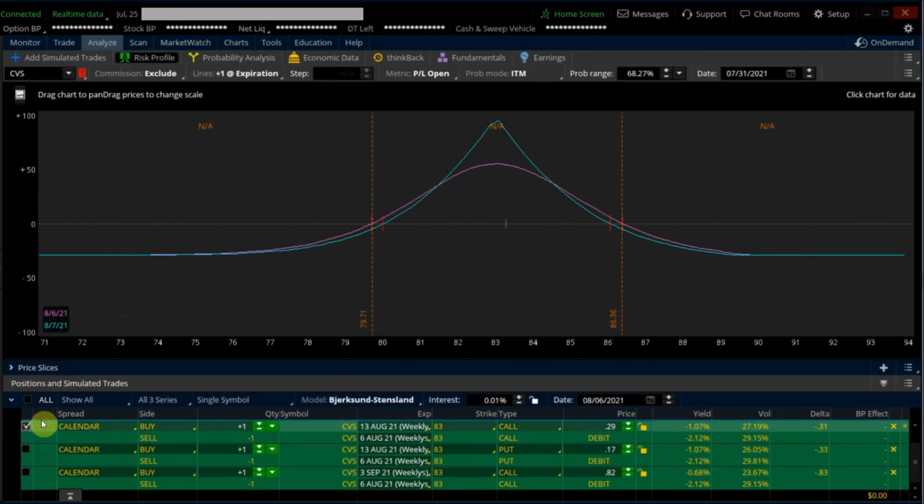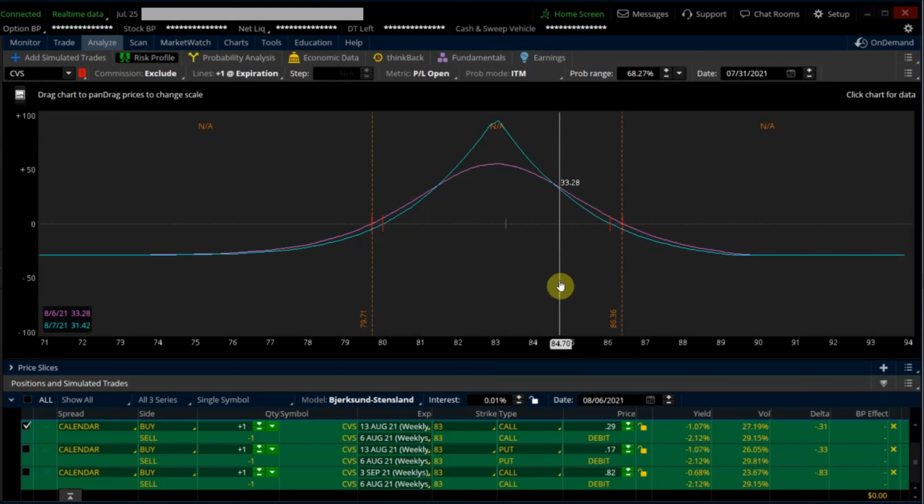So if you go back to the earlier example on the call calendar spread that's 1 week apart, selling the 6th August and buying the 13th August, right now the P&L zone is between $79.71 and $86.36.